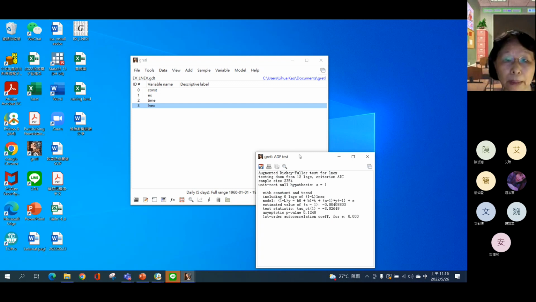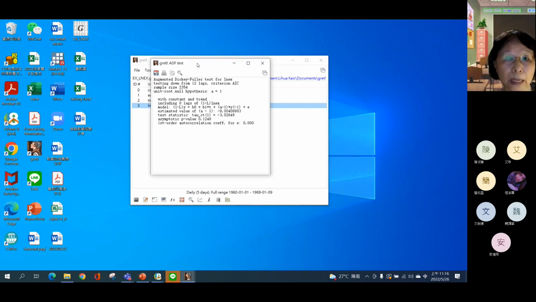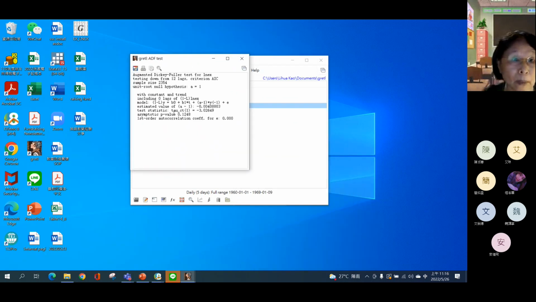Here is the output. Let's see the output. Augmented Dickey-Fuller test for LNEX. Testing down from 12 lags. The criterion is the Akaike information criterion.